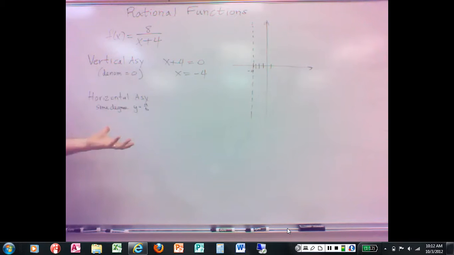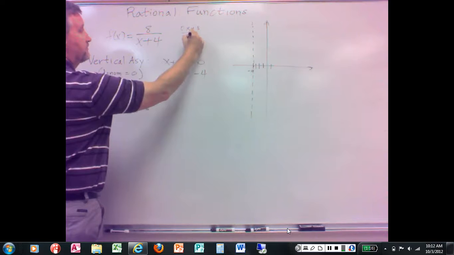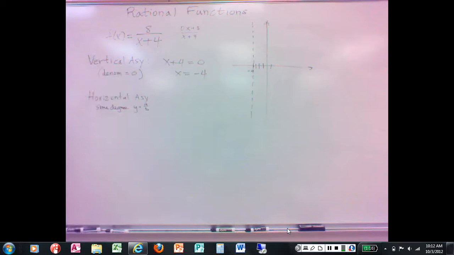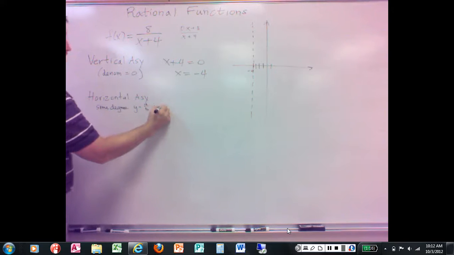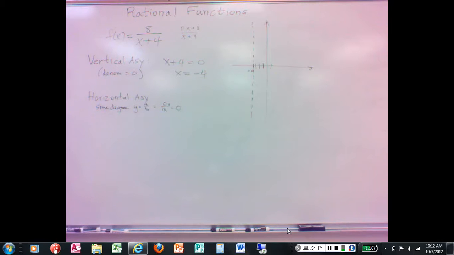So there's a couple ways we can do that. If you think about it, we could say this is 0x plus 8 over x plus 4. Then we could do 0x divided by 1x, and we get y equals 0. It's going to be the same anytime we have that.